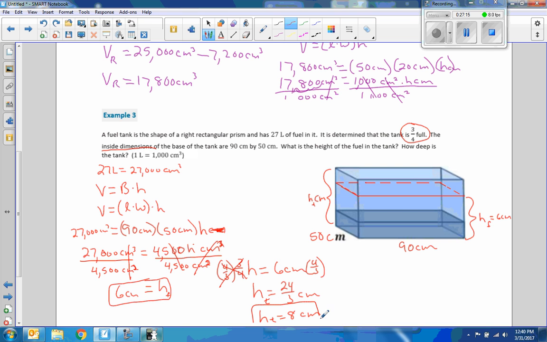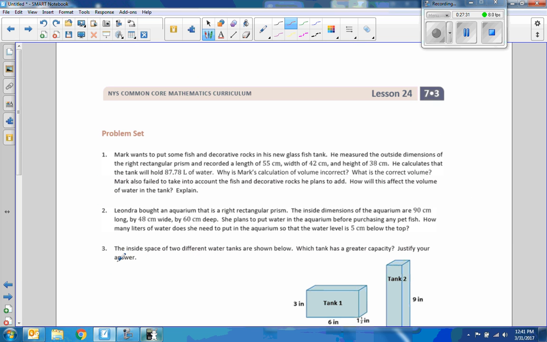Okay, so there are the two answers. The height of the tank is 8 centimeters. 3/4 full would mean that we have 6 centimeters of fuel. 6/8 is equivalent to 3/4. Okay? And that's the end of lesson 24. Go do your problem set.